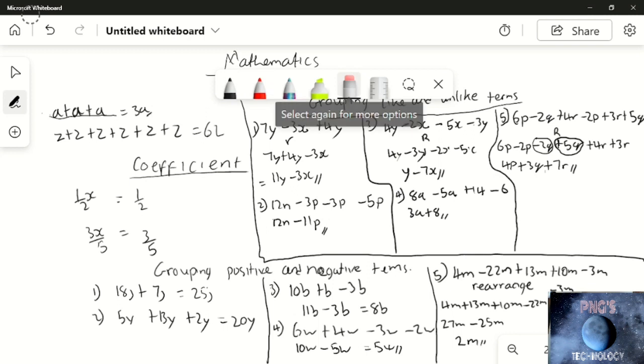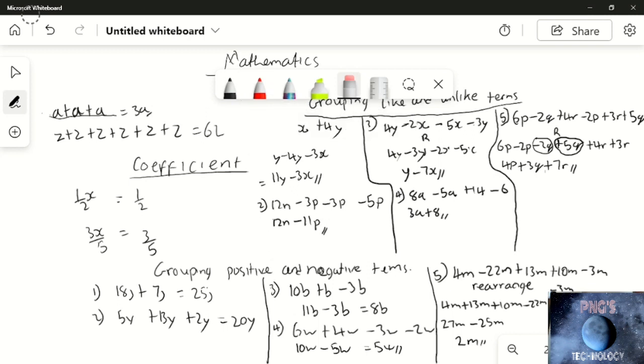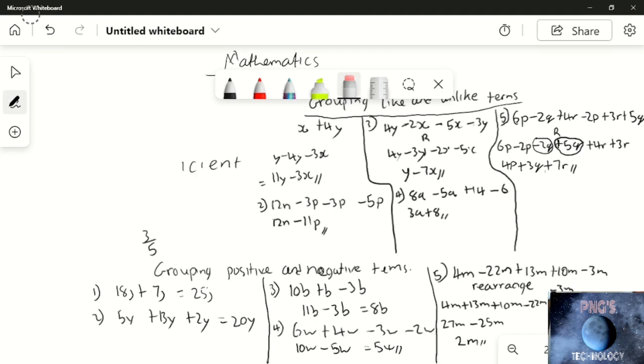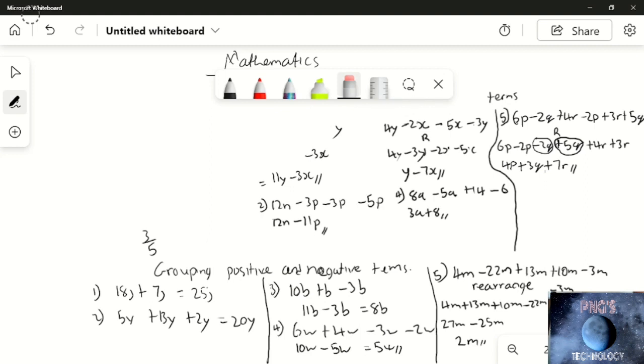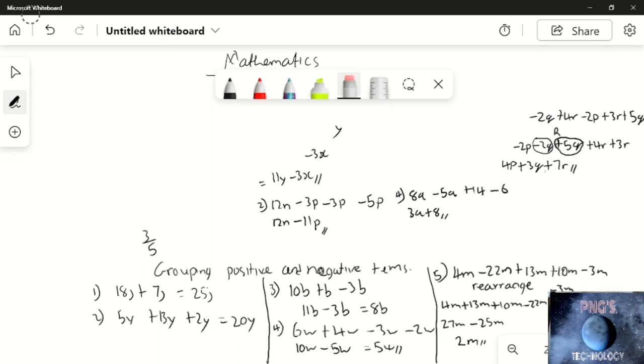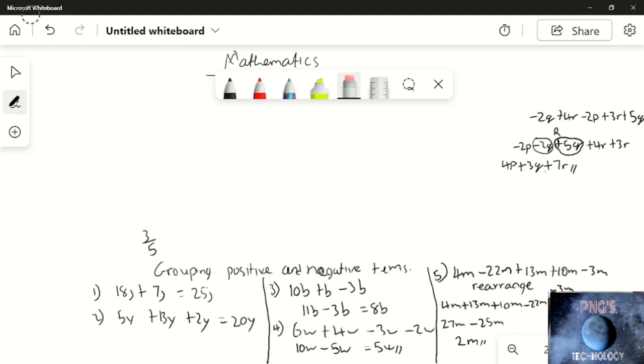As I told you earlier on, I'll be willing to answer every one of your questions. Do not hesitate to ask. Right now we're moving into the multiplication aspect of algebra.